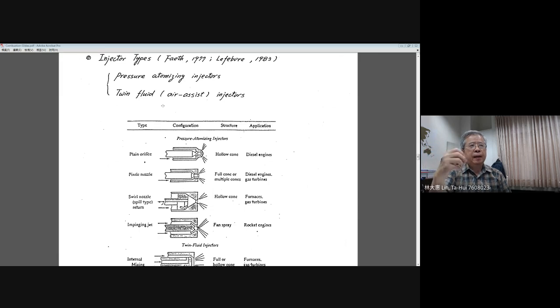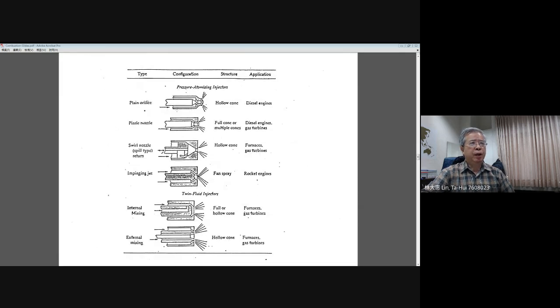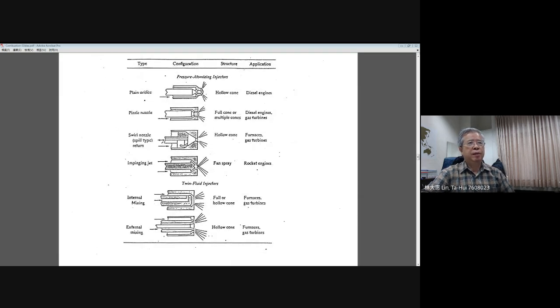Okay, and steam is easier to carry from the boiler generator without additional air compressors. Usually people will use steam as the assistant fluid for atomization. Okay.